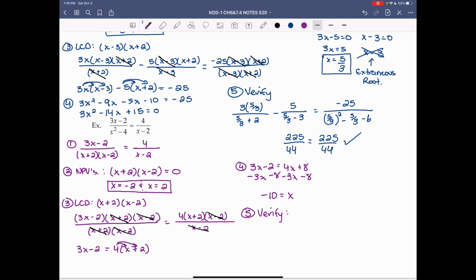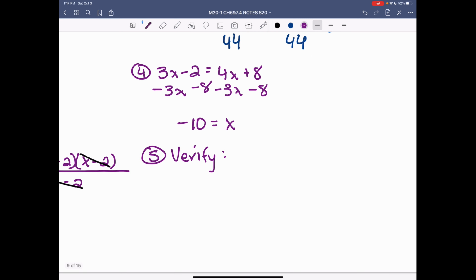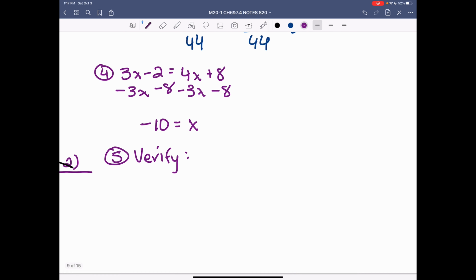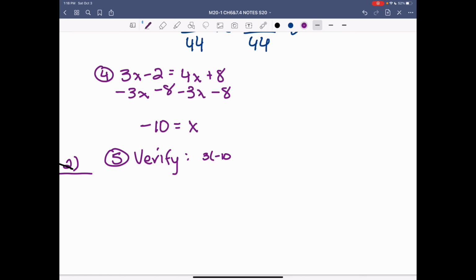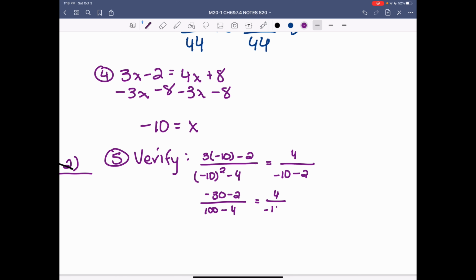Let's plug negative 10 into the original equation and make sure that the left side equals the right side. Three times negative 10 minus 2 over negative 10 squared minus 4 equals 4 over negative 10 minus 2. That's negative 30 minus 2 over negative 10 squared, which is 100, minus 4 equals 4 over negative 12.